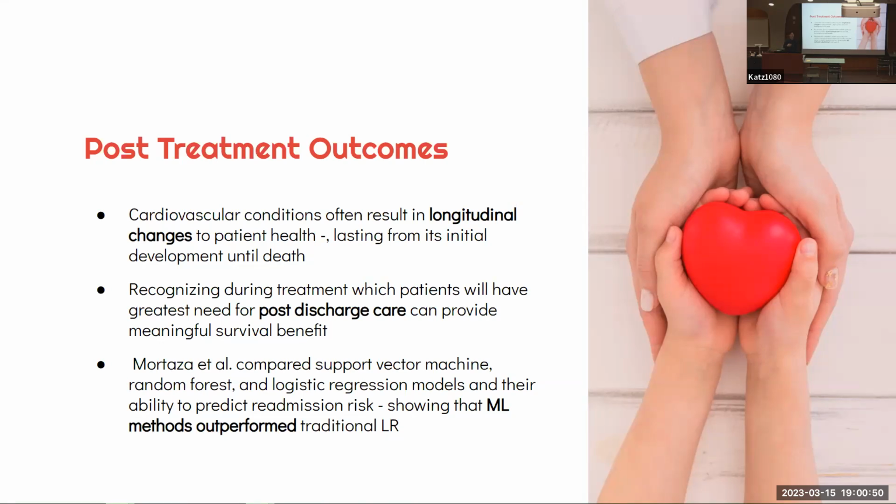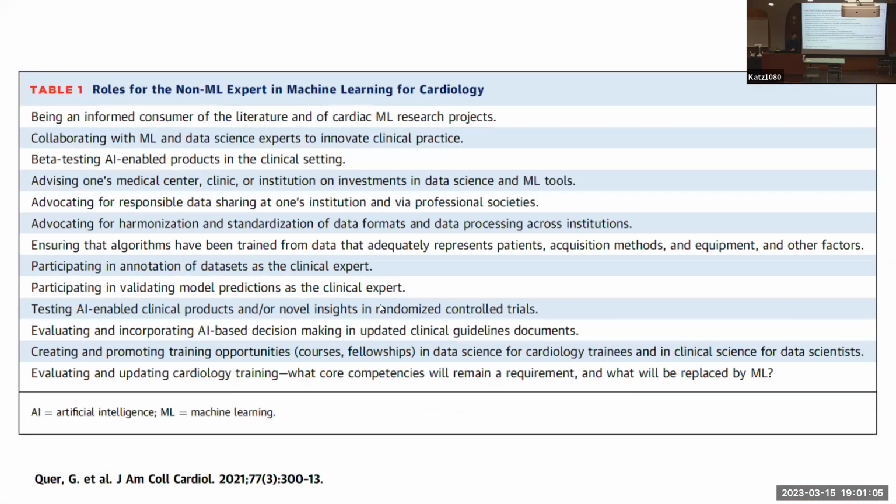It showed that ML methods were outperforming traditional logistic regression, so just basic graphing, and it shows that this is probably a viable methodology for us to move forward as well in terms of replacing the algorithms that we currently use in this space. I think that brings us close to the end.